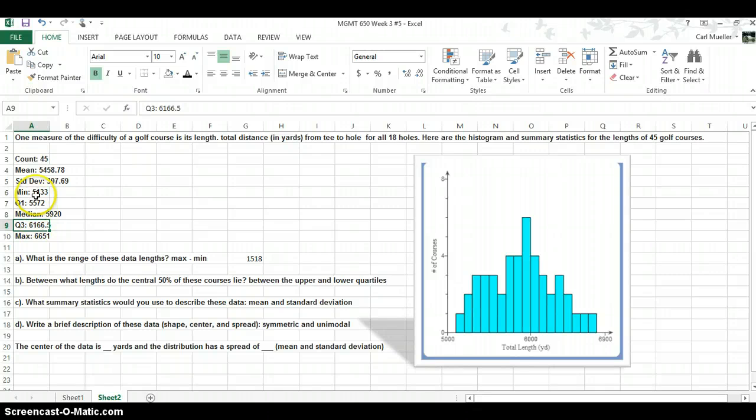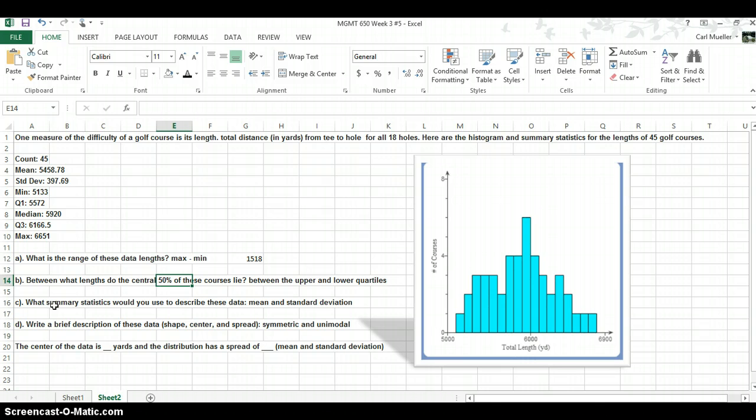So between quarter 1 and quarter 3 is that central 50%. It gives you a good sense of where that will be. 50% is 2 quarters, so you'll find them between the lower and the upper quartiles.